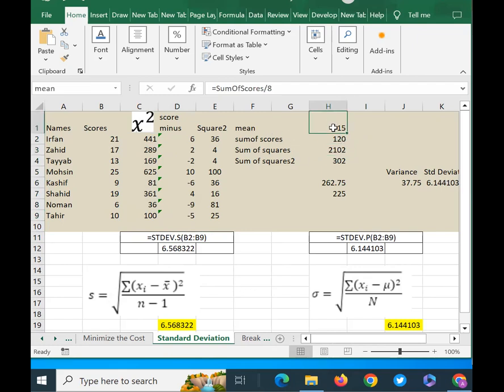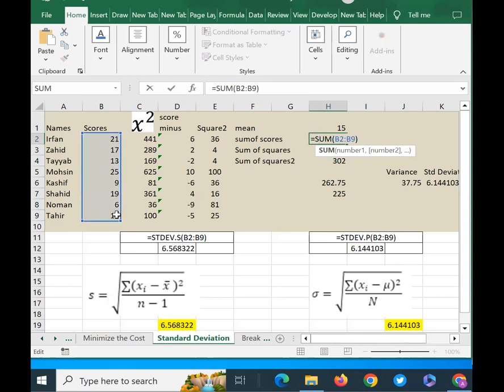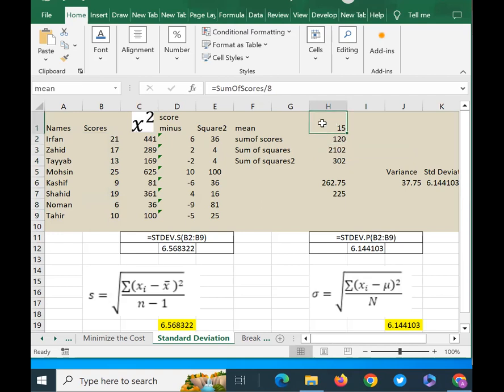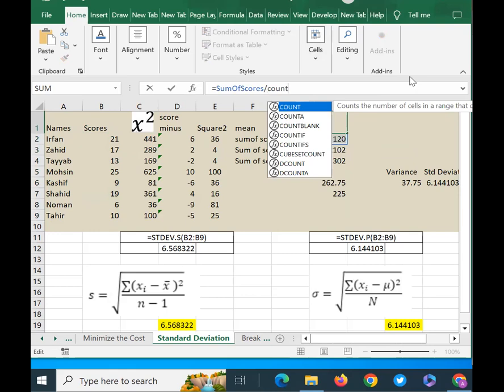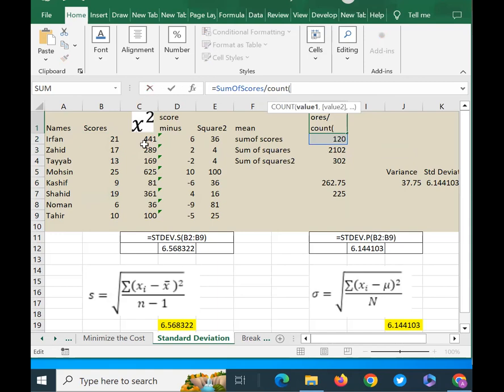Similarly, the mean is the sum of squares divided by these 8 numbers, or instead of 8 you can write count, to count all the scores. That will also result in 8. So 15 will be the row.